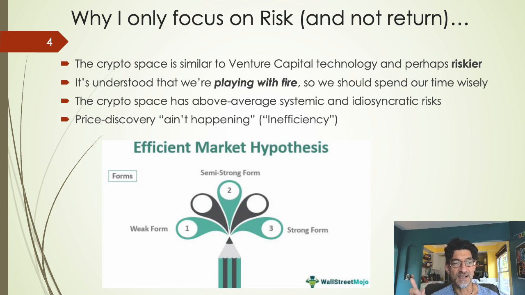And remember something else. This is something nobody talks about. Eugene Fama, if you studied for your CFA or you went to graduate school for your MBA, we studied EMT, efficient market theory, and we talked about this professor called Eugene Fama, and he spoke about the three forms of EMT.